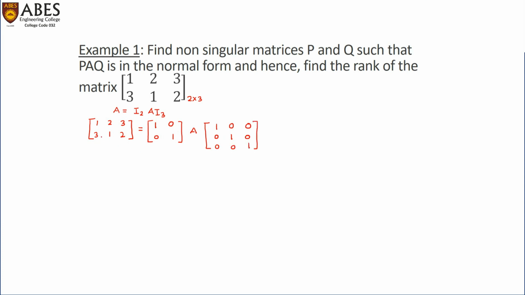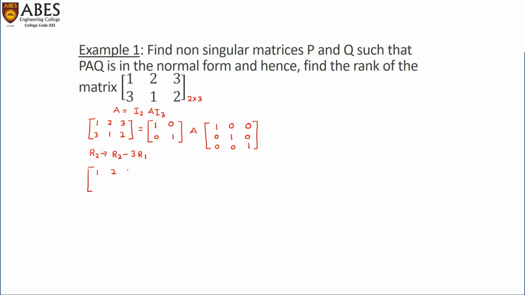We convert this matrix A into the normal form by using elementary row and column transformations. If we apply an elementary row transformation, then the change happens in the pre-matrix, and if we apply an elementary column transformation, then the change happens in the post-matrix. The first row operation is R2 replaced by R2 minus 3R1.